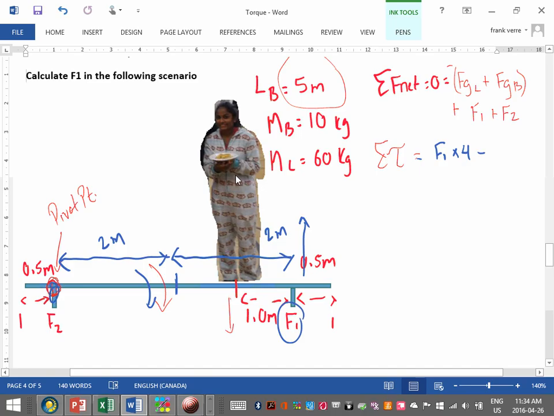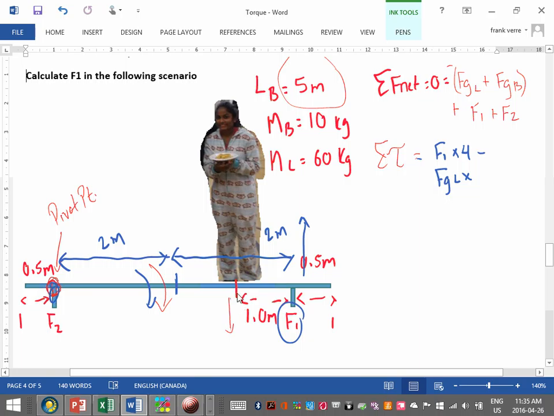So that would be the girl's torque. So it would be her weight. So that would be the weight of the girl times how far away is the girl from the pivot point. So it would be 3, right?